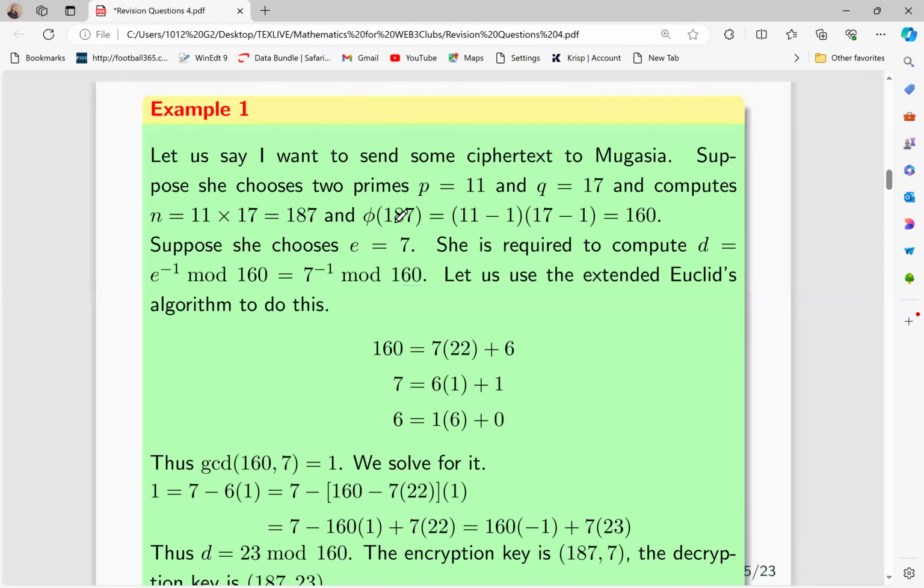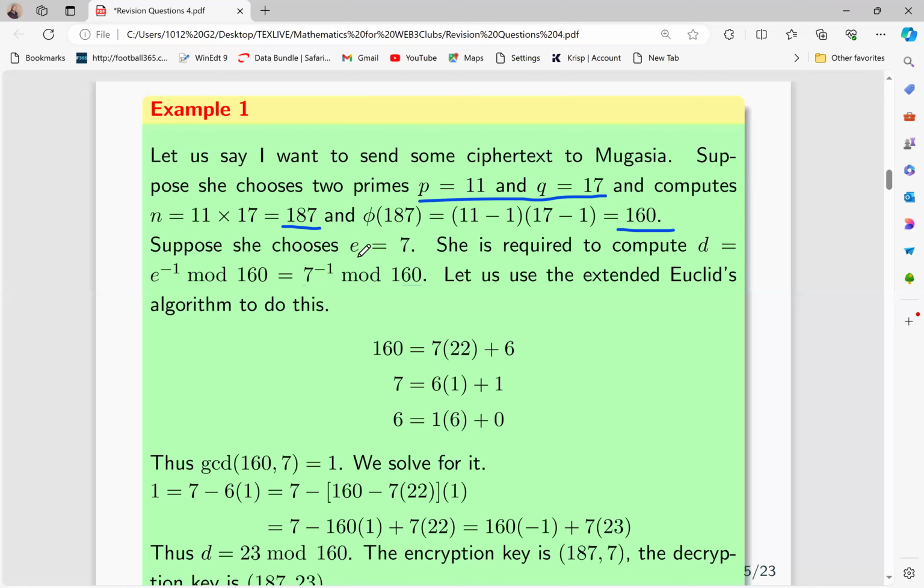Now, so she chose these 2 prime numbers. After that, got the product, which is 187. After that, got phi, you'll have phi of 187. And then she just chose a number that's relatively prime to Euler phi of m.